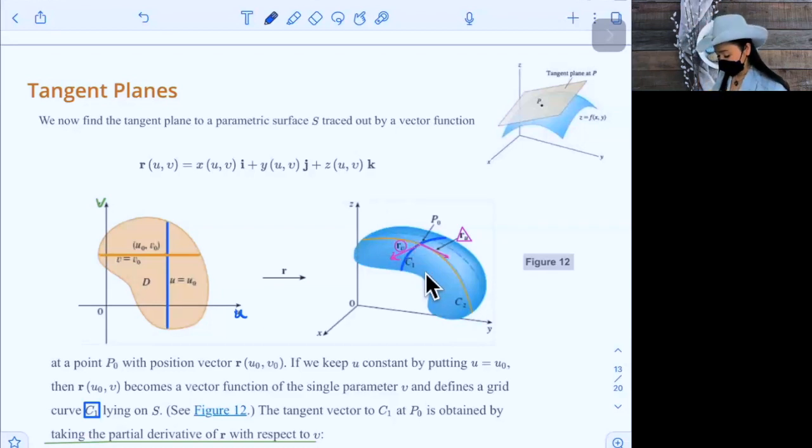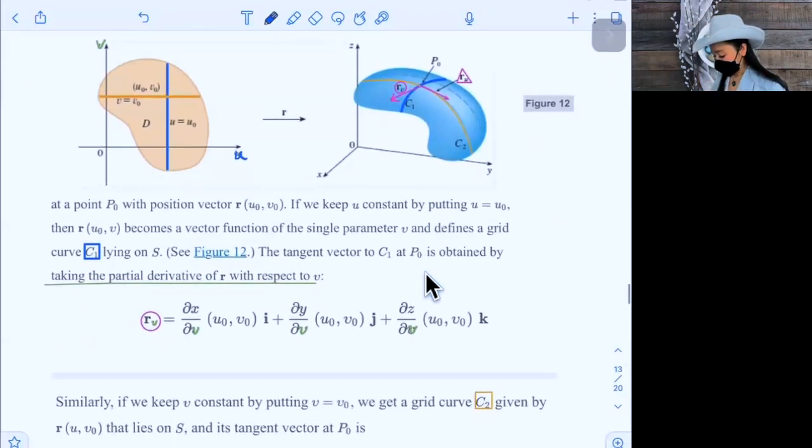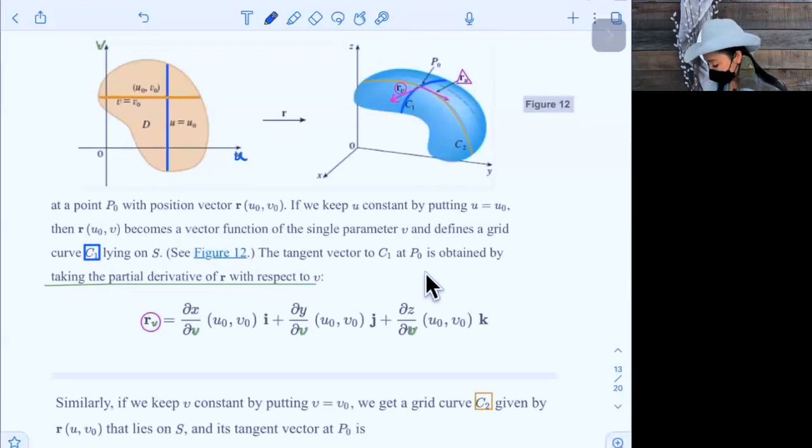Now, if you put u equal to u naught, then you get the C1 over here. This one over here corresponds to this one over here. Then this curve is going to map to this curve.